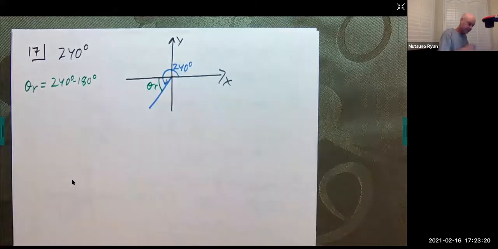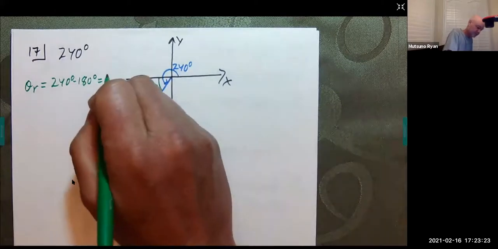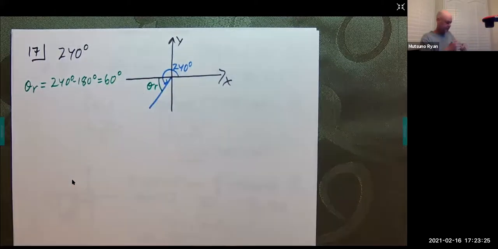So our reference angle is 60 degrees. Keeping in mind that we're in quadrant 3. Remember, both x and y are negative in quadrant 3, meaning sine and cosine are both negative in quadrant 3. However, tangent is positive in quadrant 3.